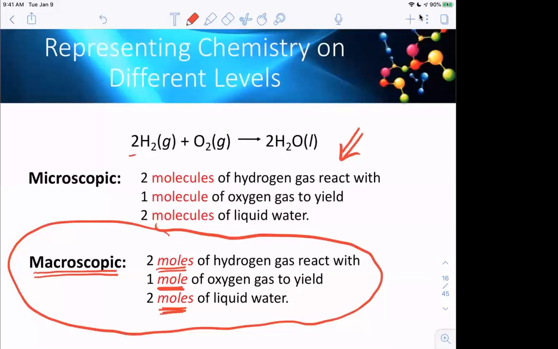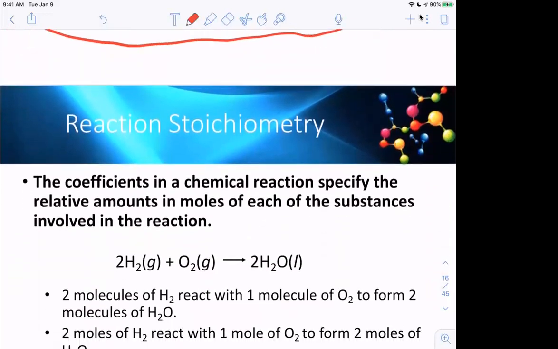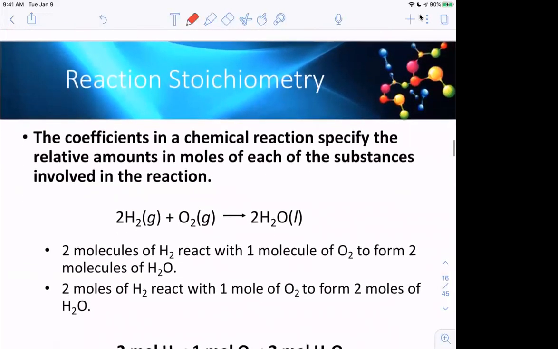This is what actually happens, but in order for me to do this on a lab scale, I have to bring it up into a quantity that I can weigh and measure and basically see so that I can do this in a lab. The next lecture that we have will deal with stoichiometry, and we're going to be using these coefficients, these mole ratios, in order to do stoichiometry.